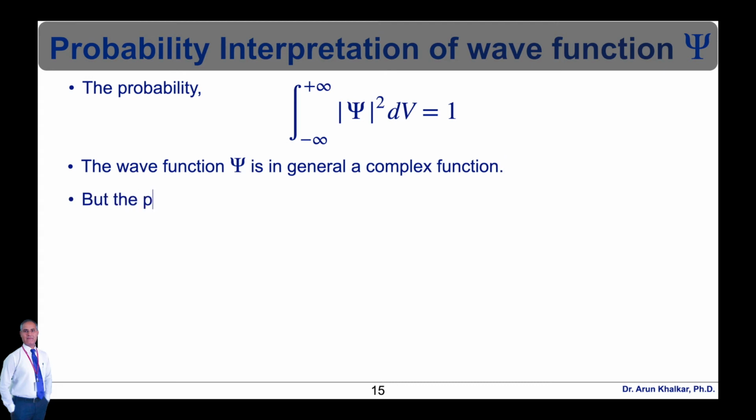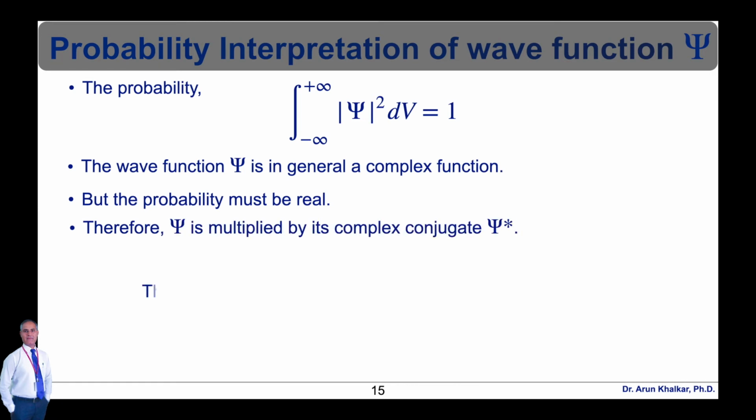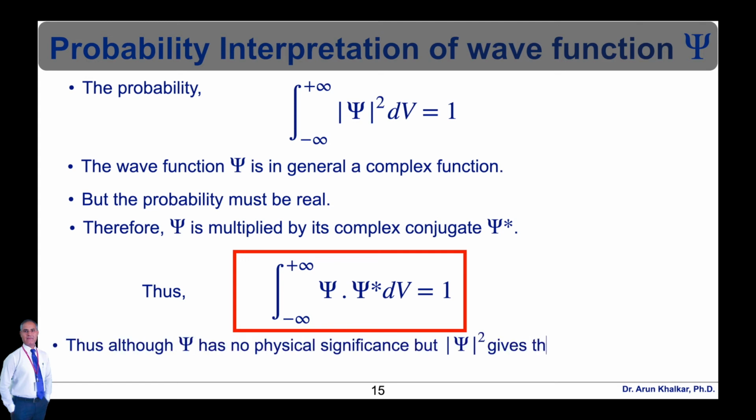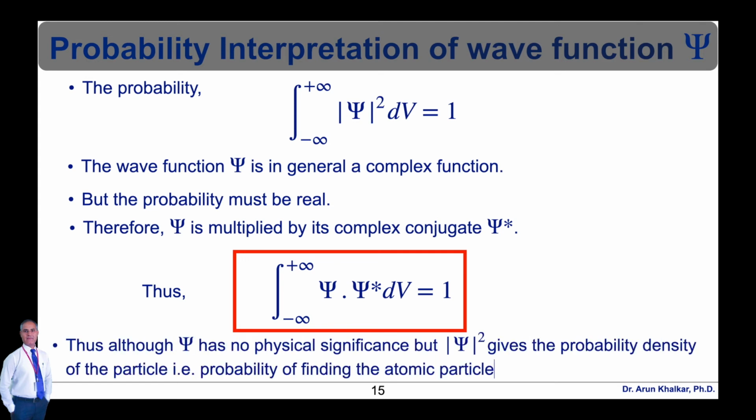Therefore, psi is multiplied by its complex conjugate psi star. So we can write the integral with limits minus infinity to plus infinity of psi into psi star dV equal to 1. Thus, although psi has no physical significance, psi mod square gives the probability density of the particle, that is, the probability of finding the atomic particle in that particular region.